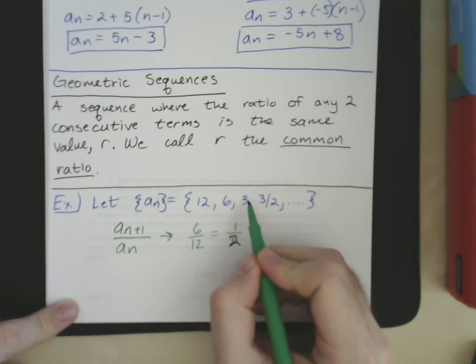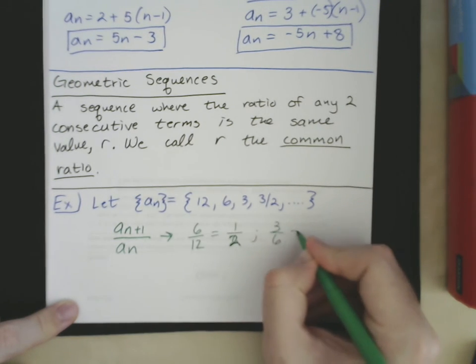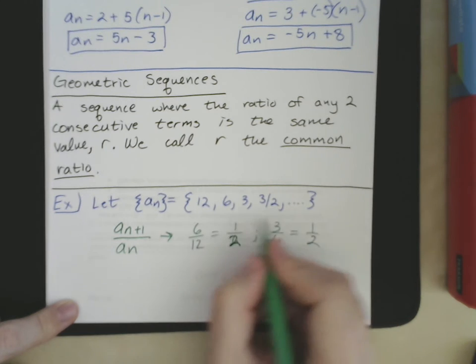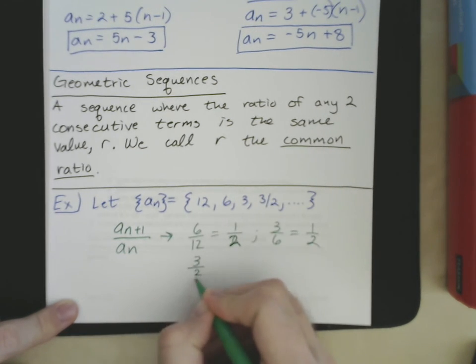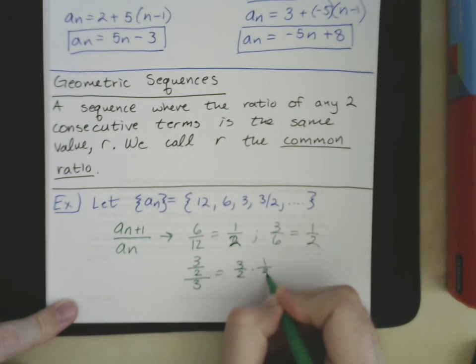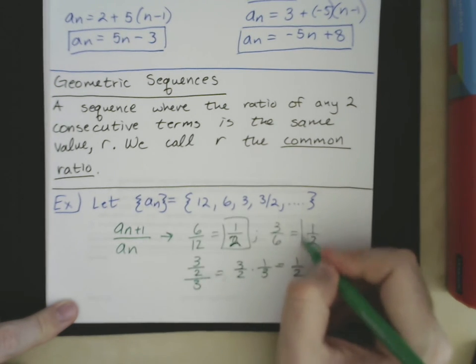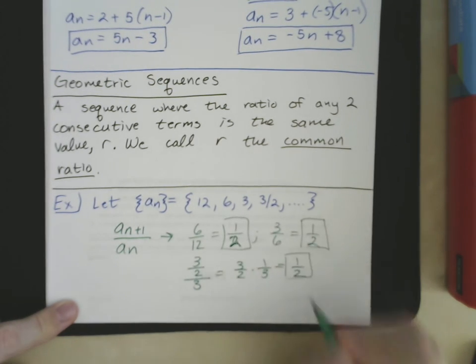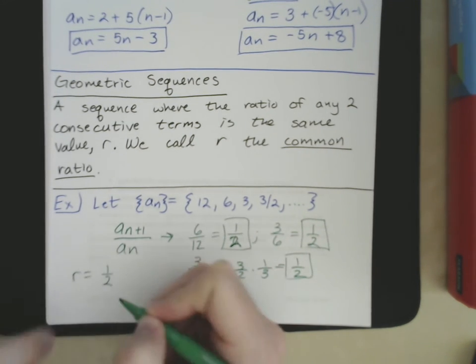We take the third term divided by the second, 3 over 6 still equals 1/2. And then we take the fourth term divided by the third, 3/2 over 3 is 3/2 times 1/3, which is still 1/2. So this is how you check you have the right common ratio. r, in this case, is 1/2.